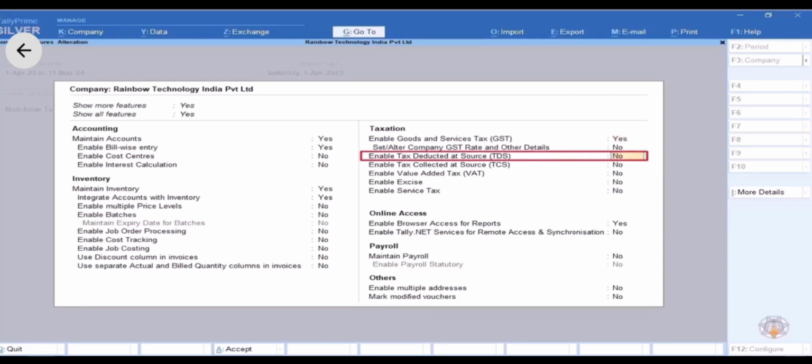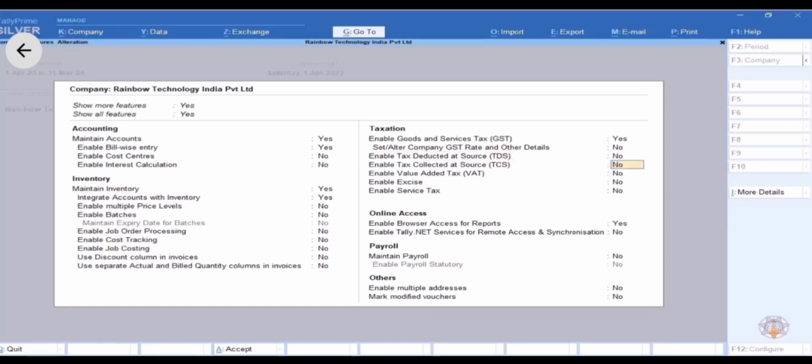Enable tax deducted at source. If it is the liability of the business to deduct TDS on business expenses, then in such case, tax deducted at source feature must be activated in Tally data so that TDS related compliances can be effectively managed in the data.